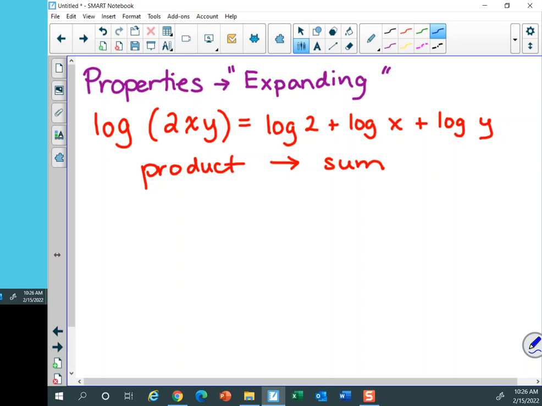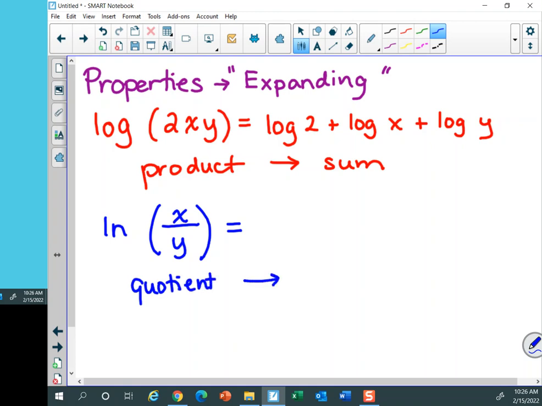Just the log you have on the left and the logs you use on the right have to be the same logs. So products turned into sums, and quotients turn into differences.